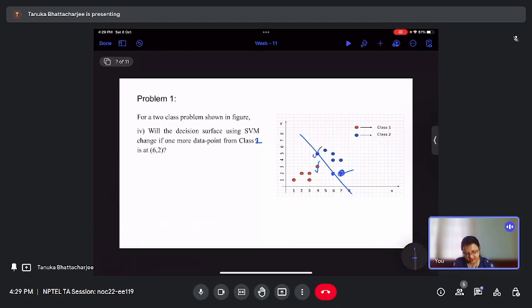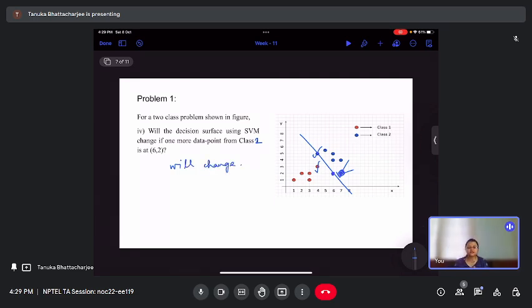Your optimization problem is to maximize the margin with these 3, so it will be equidistant between the straight lines passing through these support vectors. Now, your support vectors have changed, so you will have to maximize the margin with the new set of support vectors. So, certainly your decision surface will now change. The answer is it will certainly change.